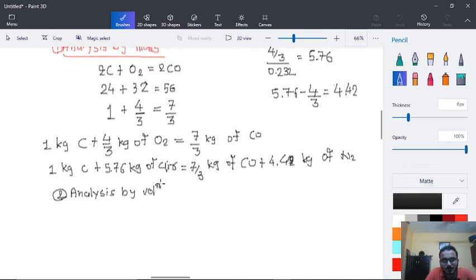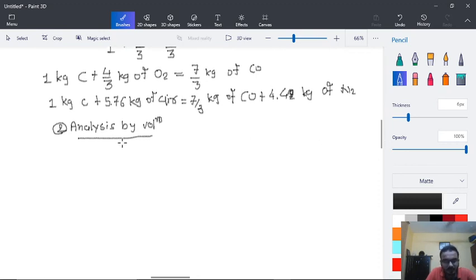So here again we can directly write C plus 1 meter cube O2 is equal to 2 meter cube CO. Here we are not mentioning the volume of C because it is in the solid form.